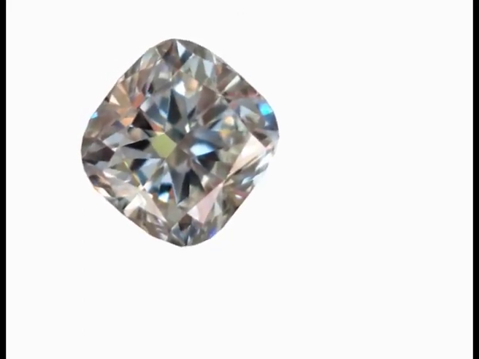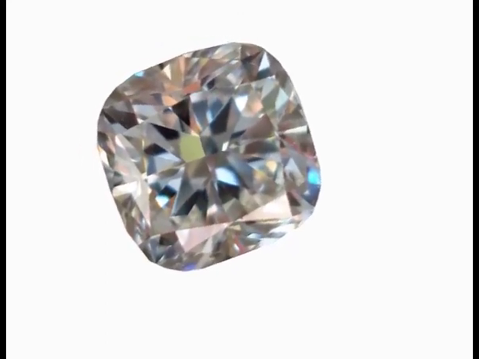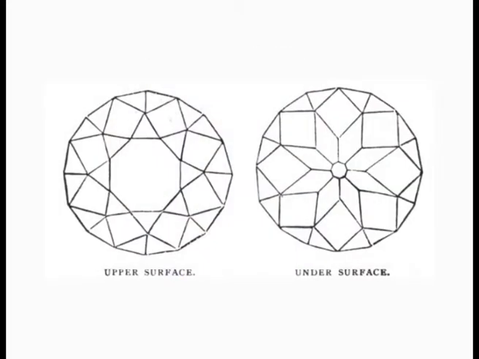More elaborate modifications of the brilliant cut are the king cut, which has a 12-sided table with 48 surrounding facets to form the crown of the stone and 37 facets including the culet on the pavilion, for a total of 86 facets in all. The magna cut has a 10-sided table facet surrounded by 60 facets on the crown and 41 facets on the pavilion, making 102 facets in all.